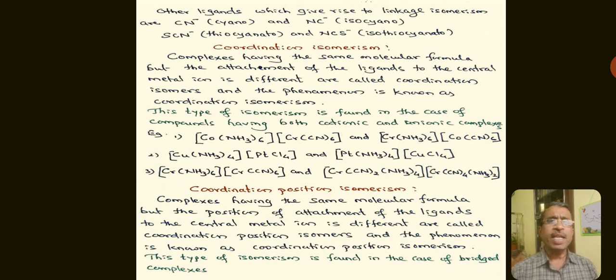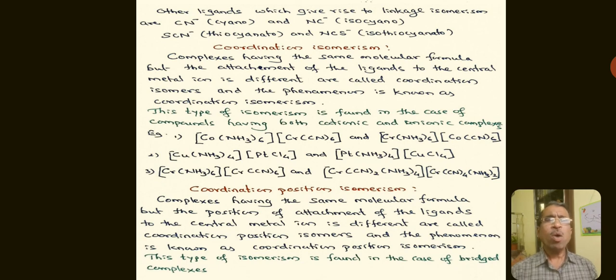The first one is hexamine cobalt 3 hexacyanochromate 3. In this case, the 6 ammine groups are attached to the cobalt 3 ion and 6 cyanide groups are attached to chromium 3 ion.